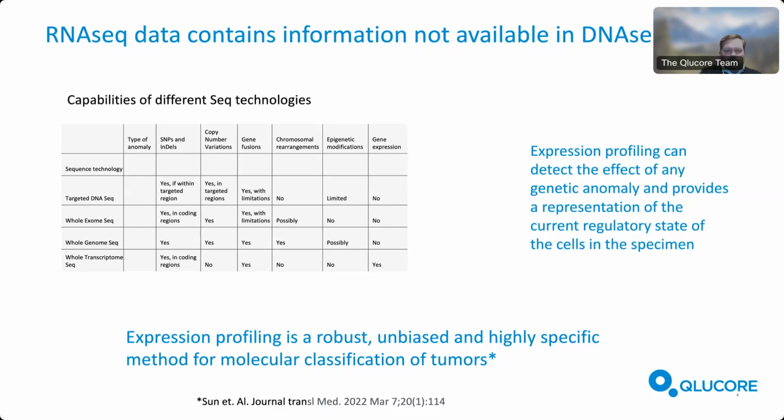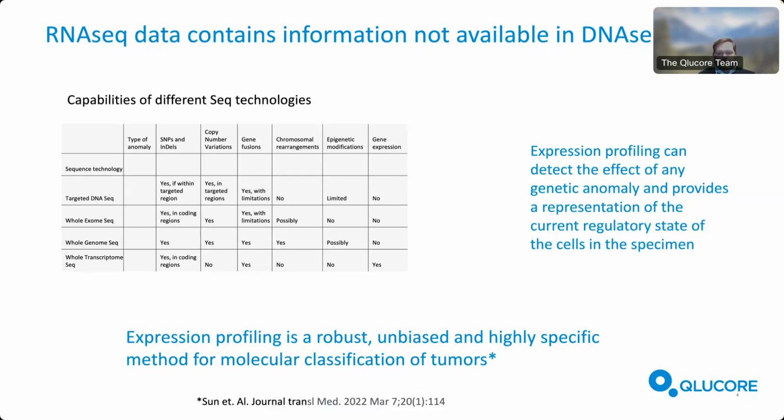But if we look at whole transcriptome sequencing, then it doesn't look very impressive. It detects SNPs and indels, and gene fusions, of course, but not much more. But of course also gene expression.